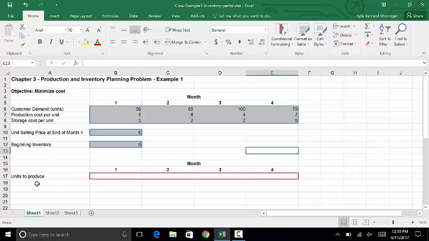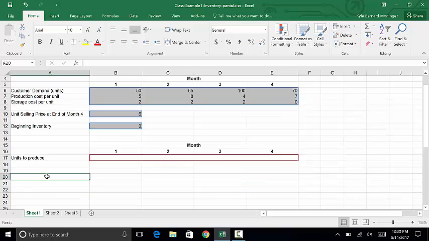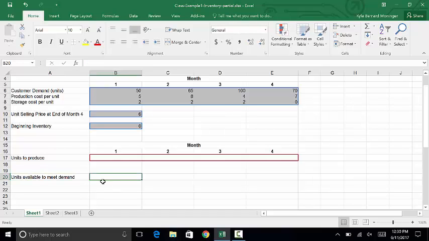Okay, 4 decision variables. These inventory problems will have this same concept in each problem, that I am creating a cell to calculate a value for units available to meet demand. So I want to total up how much do I have on hand in order to meet my customer's demand.